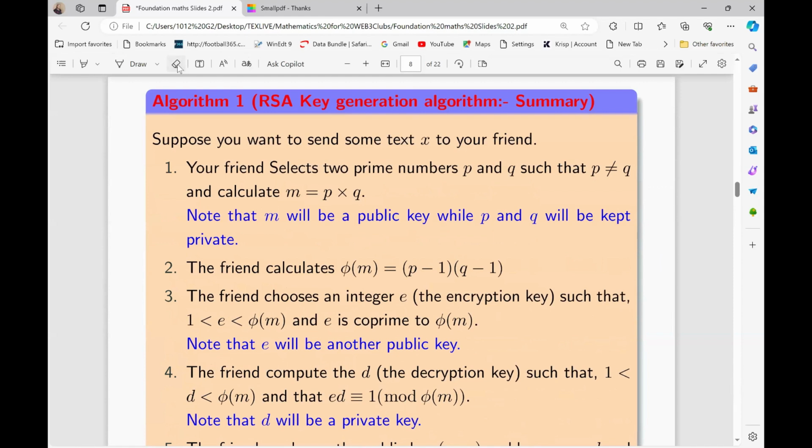Suppose you want to send a message to your friend, and the message is X. That is what we call the plain text.